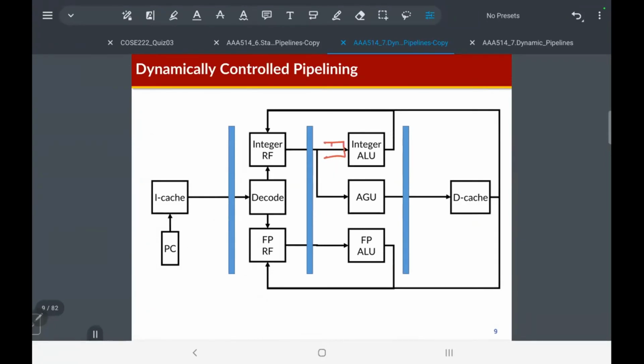We can add queues in front of the processing engines. Also, another delay issue is that because of data dependencies, some instructions can be executed while other instructions cannot be executed by the processing engines.